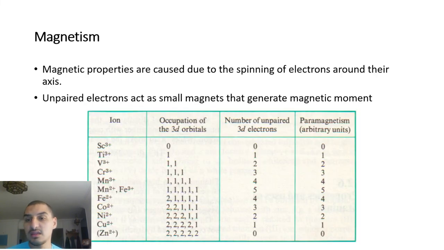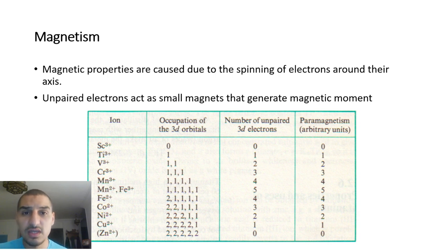The last thing is magnetism, which is a property that is very common in transition elements. The magnetic properties of the transition elements are a result of having electrons in the d subshell. Again, these electrons have spinning properties.